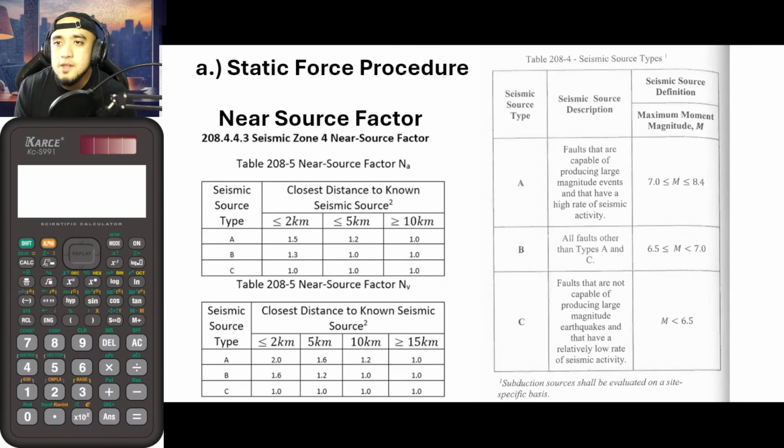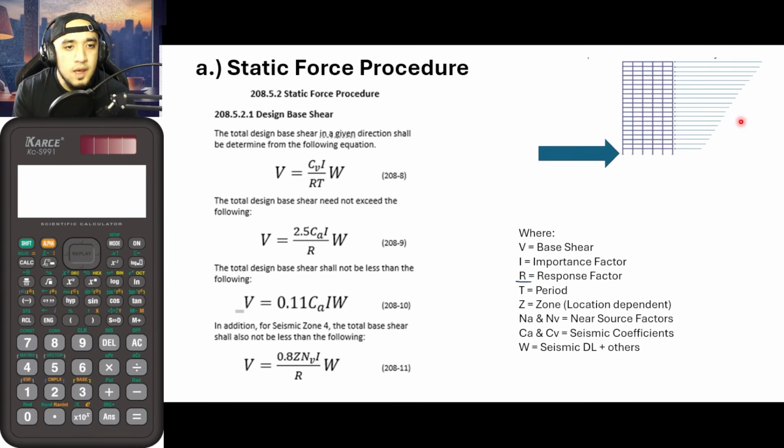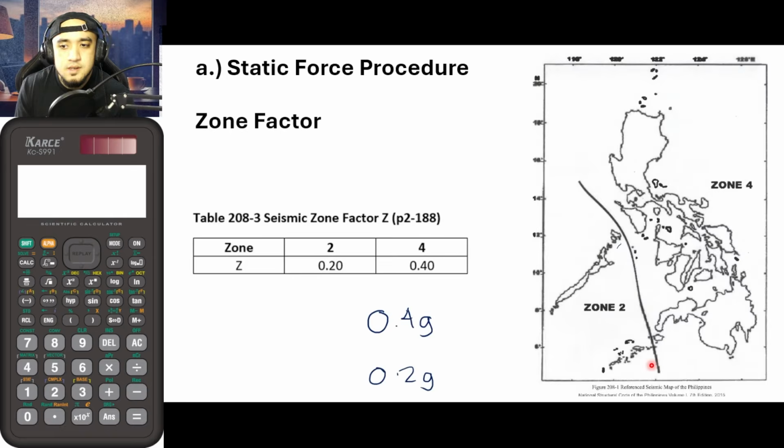For our previous formula, we have already discussed CV, R, I, CA, NV, IR. As for the value for Z, once again, it is basically this one here. So these are the values for Z. For the value for Z, that is 0.2 for zone 2 and 0.4 for zone 4.